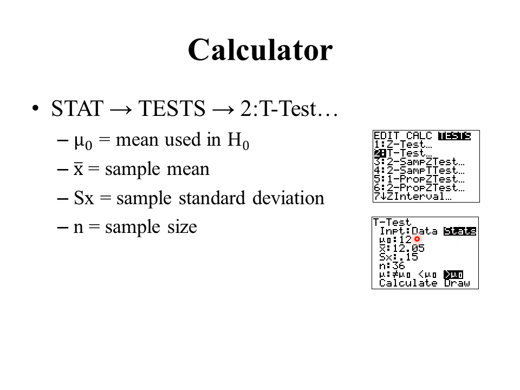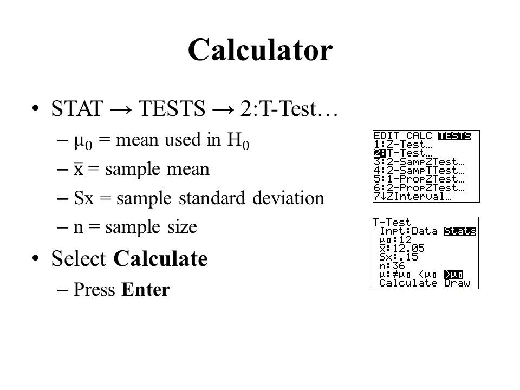Next, we need to enter mu naught, which is the mean used in the null hypothesis, and then x bar, which is our sample mean, and then sx is our sample standard deviation, n is our sample size. And then next we need to choose the form of our alternative hypothesis. And the alternative hypothesis is that mu is greater than 12, and so we're going to choose this last option, greater than mu naught.